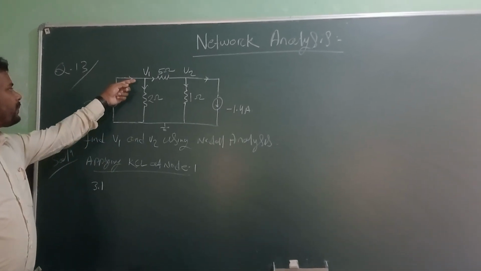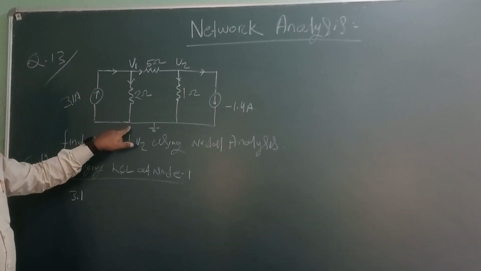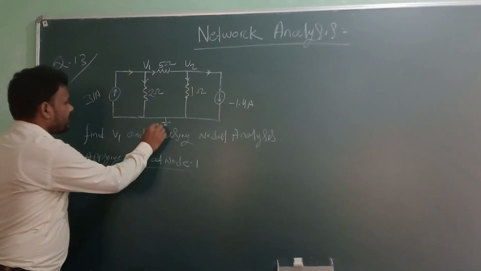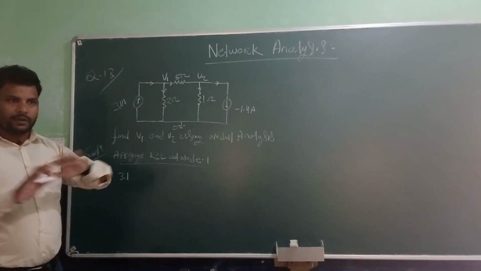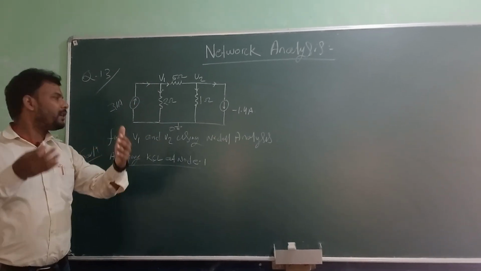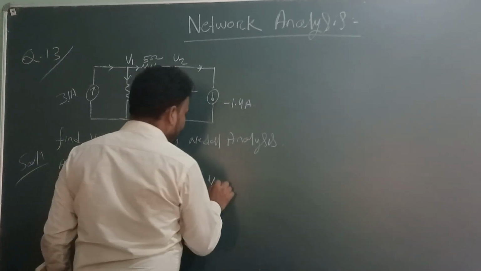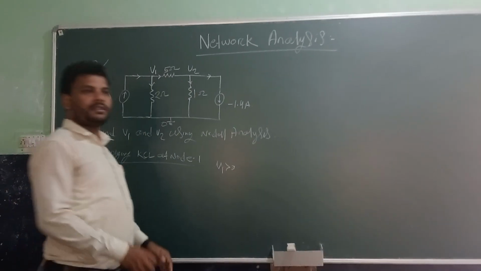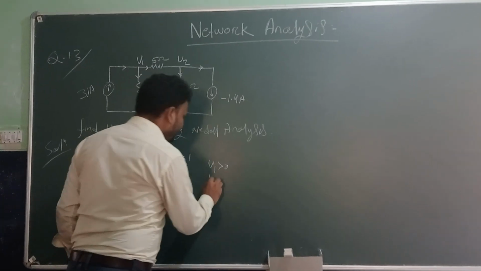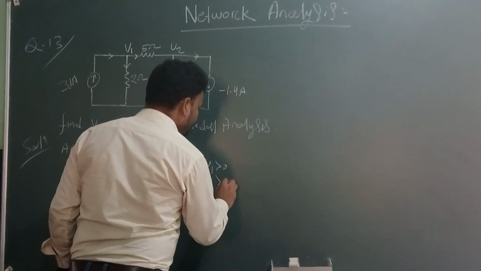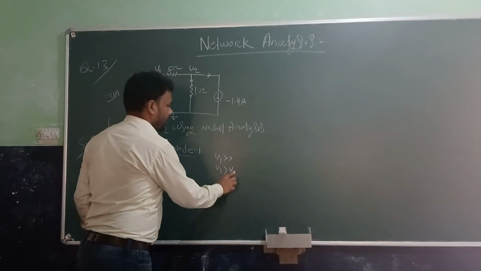Here the potential difference: this is V1, this is 0. We don't know the value of V1, but V1 is greater than 0. Also V1 is greater than V2.